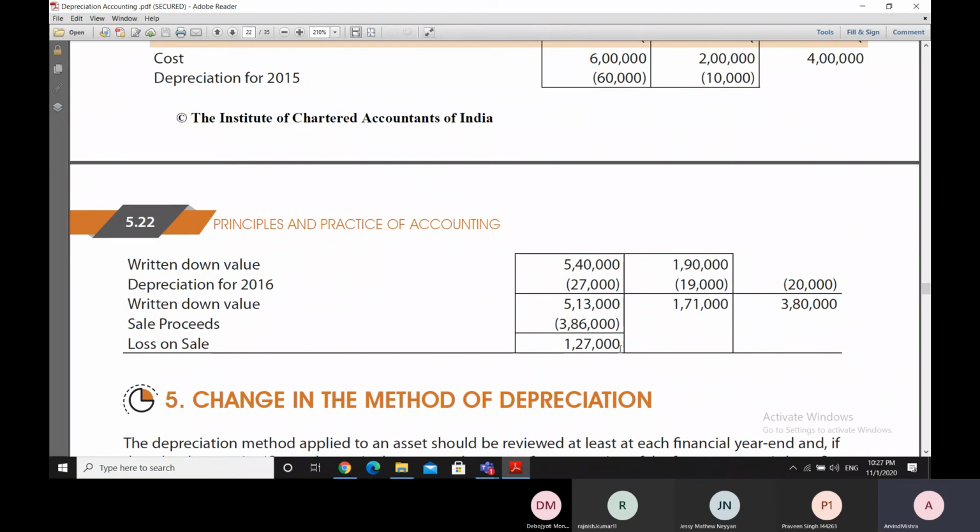There is a loss on the sale of this machine of 1,27,000 rupees, because to calculate the loss, we have found out the WDV as on the date of the sale, and then reduced that from the sale proceeds. Because sale proceeds are less than the written down value, we are incurring a loss of 1,27,000 rupees here.